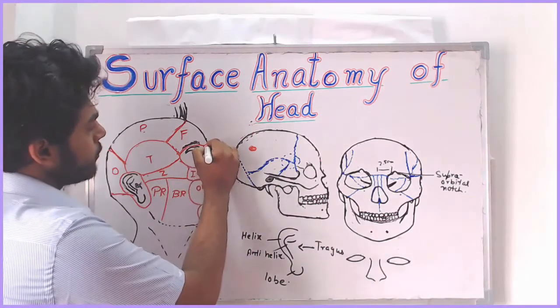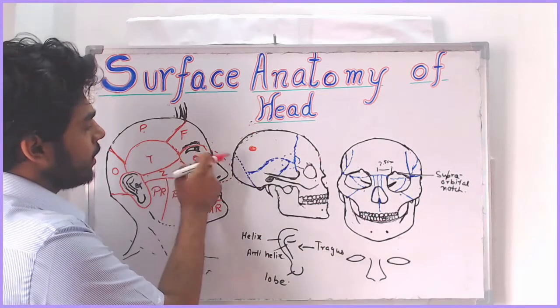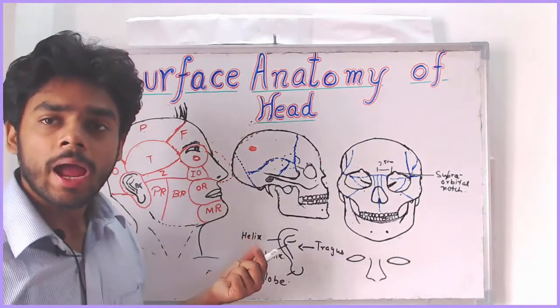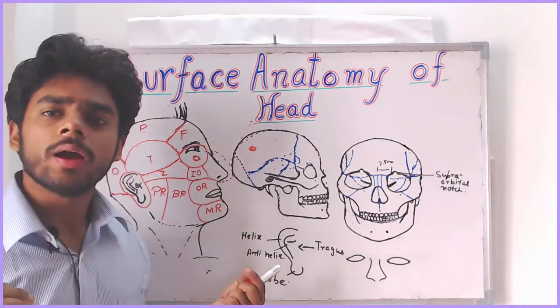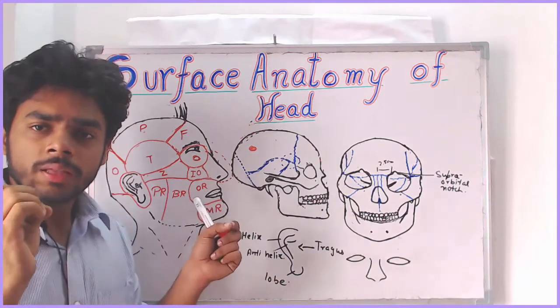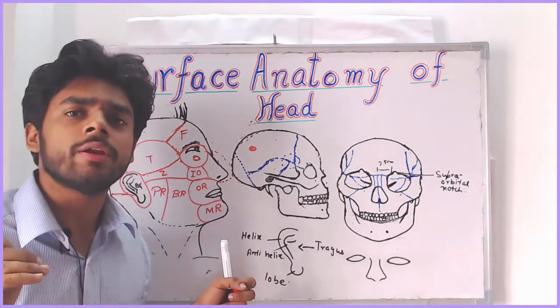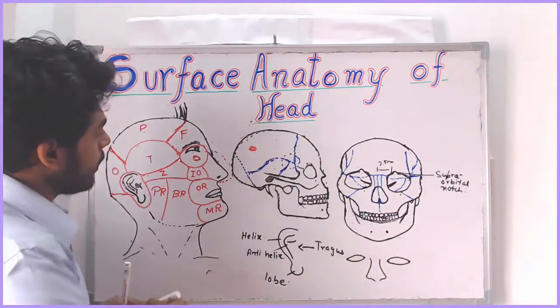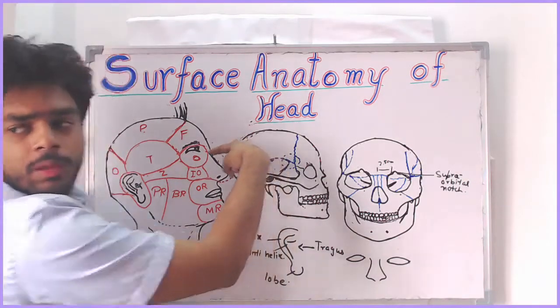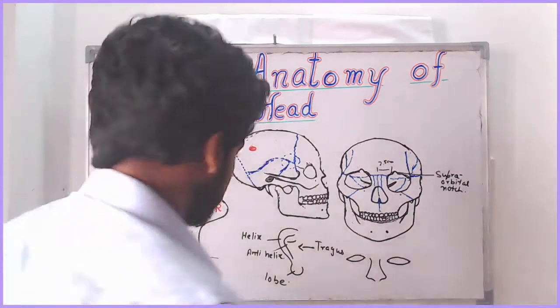Here there is the glabella between the eyes. This is the glabella, and the nose is inferior to the glabella, and there is a well marked depression at the root of the nose, which is called the nasion.